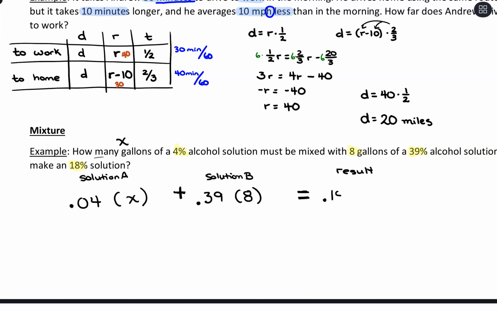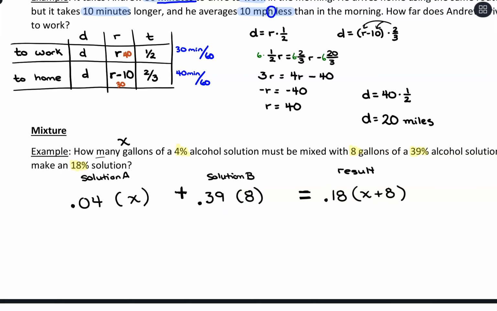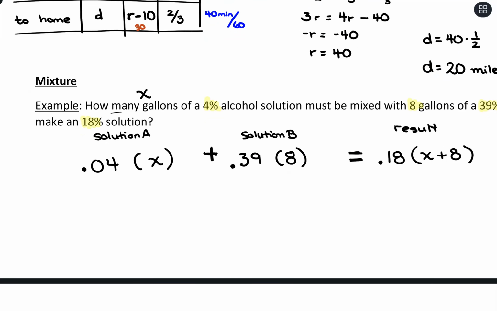So we're taking 18% of, and then we have an idea of how much we'll end up with. We have these 8 gallons, and then we have this unknown amount of gallons. So what we'll have is that unknown amount plus 8 gallons. So each of these, the format goes concentration times amount, concentration times amount, concentration times amount. And then from there, we can go ahead and start solving.